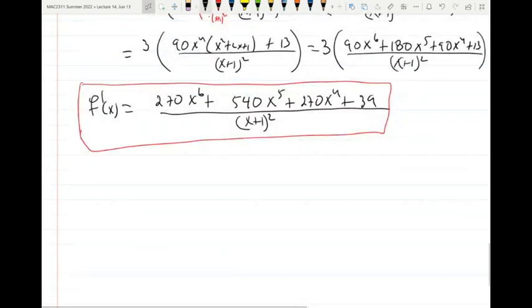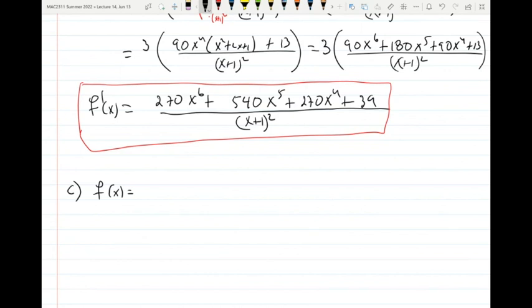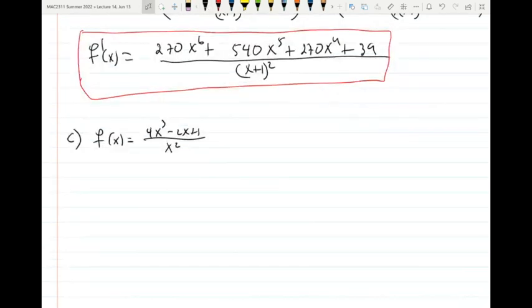No? Okay. And then for the last one that we have written here, let's see. So again, here the strategy will be, instead of using quotient rule, let's simplify. So we can split this as three fractions, and then simplify accordingly.